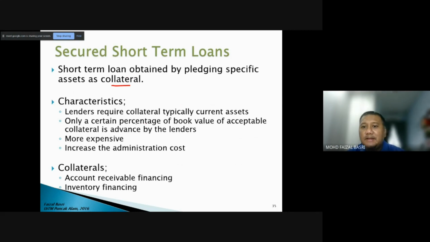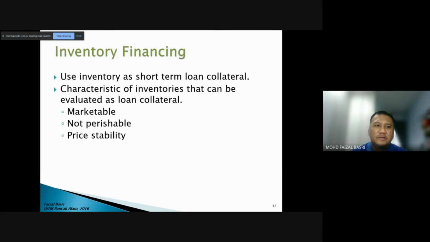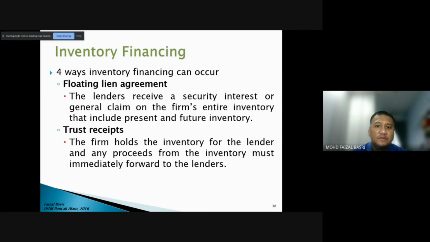Okay, tapi akan ada some cost juga lah sebab bila letak collateral. Tapi in terms of easier to get financing, obviously from borrower's point of view, it's much easier to get the loans approved lah because you have assets. Okay, tapi kita tak akan go through lah account receivable financing, inventory financing ni kita tak akan go through.